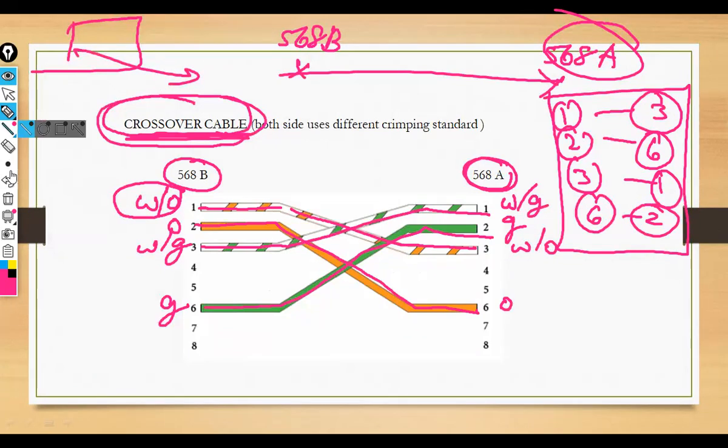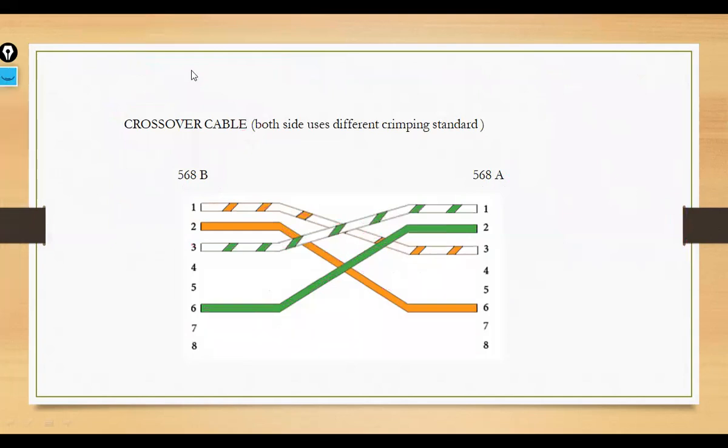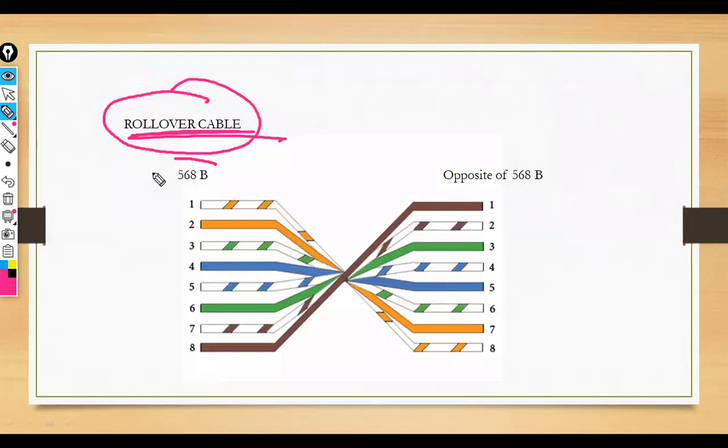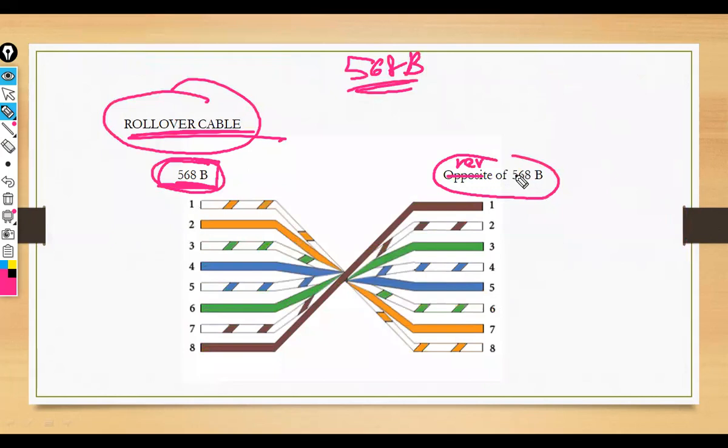Okay. Now, this is the crossover cable, and you have one more thing called rollover cable. For the rollover cable, you will crimp one standard here. It can be 568A or 568B. Here I have written 568B. If it's 568B at one end, then the other end will have the reverse of 568B.